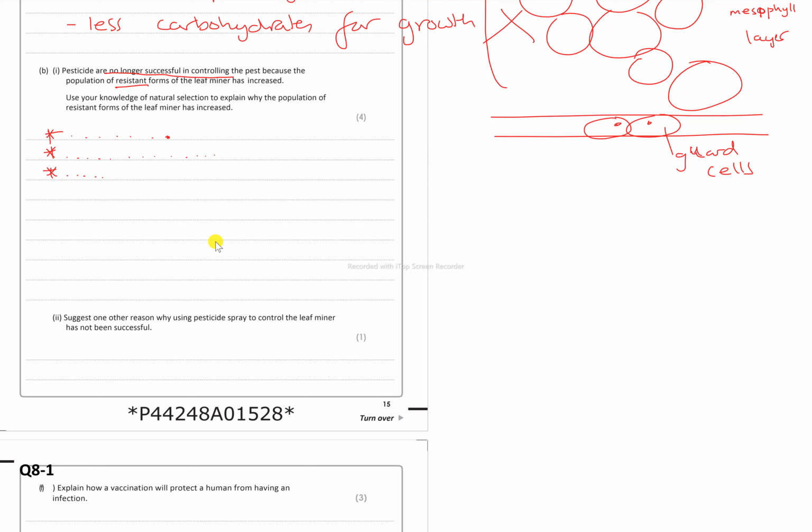This means it will survive and breed, passing on its pesticide-resistant alleles to its offspring. The offspring breed, and this continues on for generations. That is it. It's as simple as that. Very, very simple.